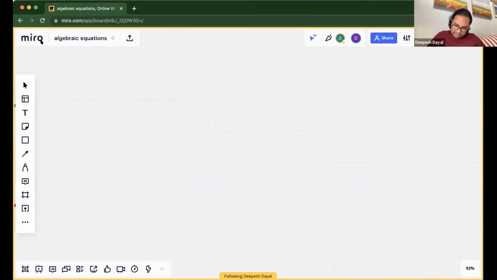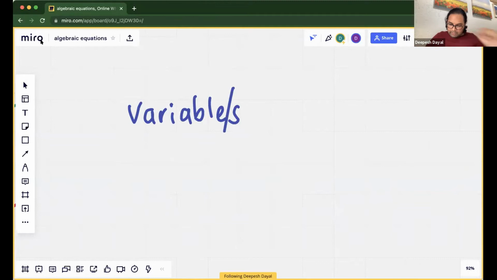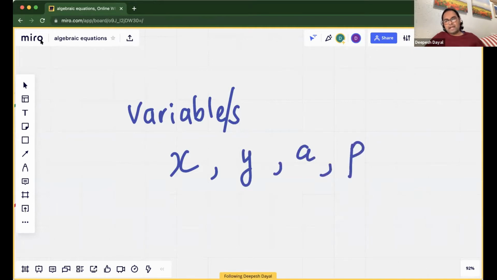So let me just spell that out here. We call that variables, or just variable. So variable will just be one of them. We've got x, we can use y, we can use a, we can use p, we can use any of the letters of the alphabet, and those are called variables.